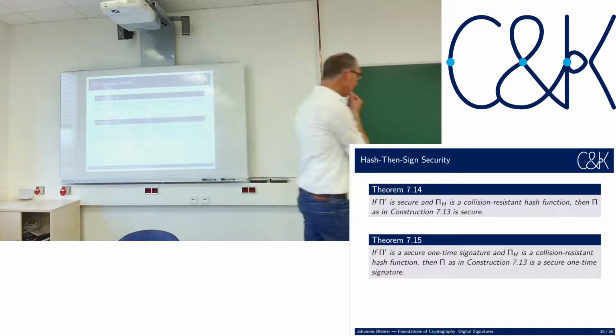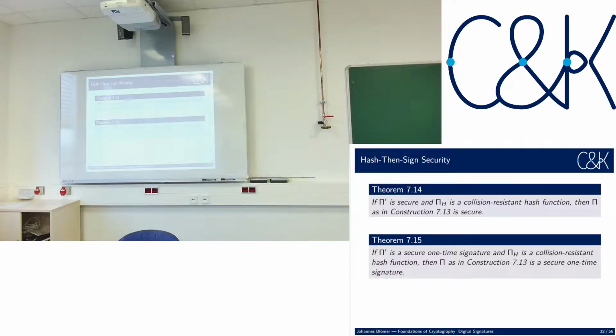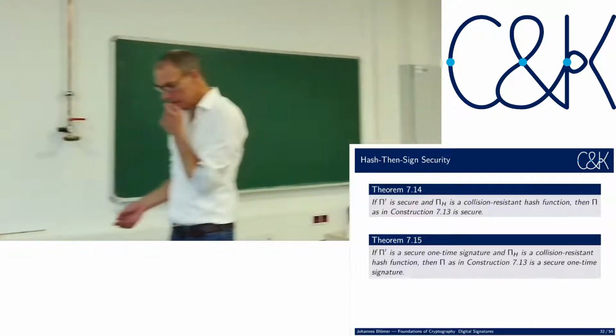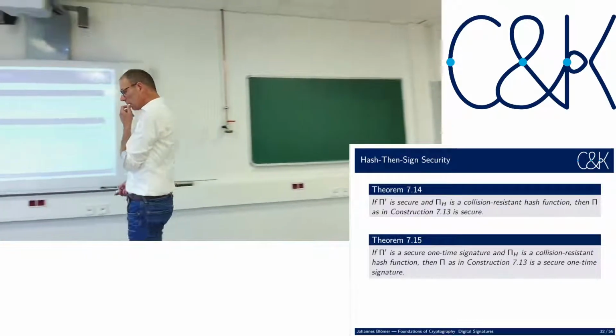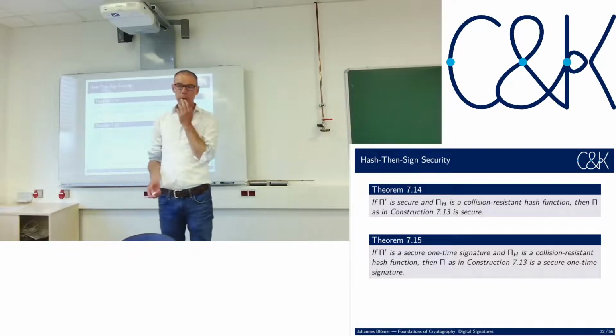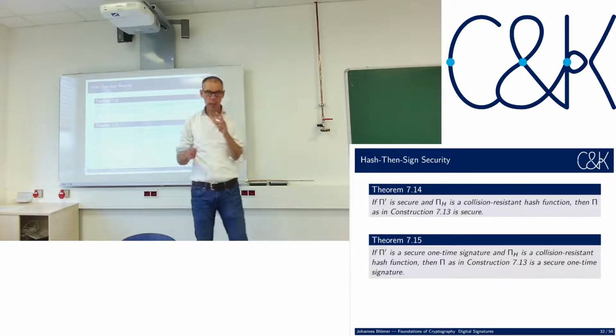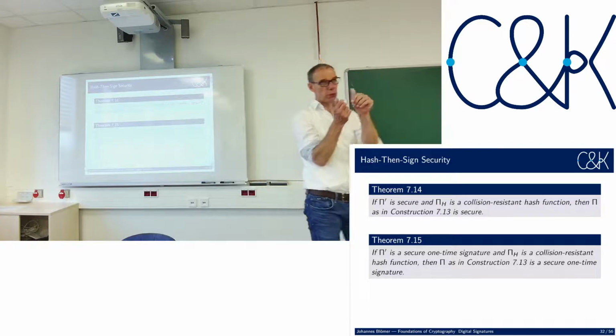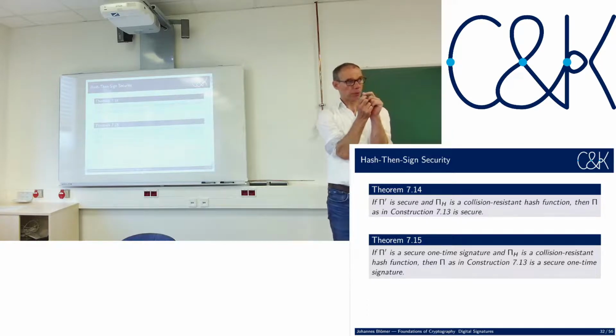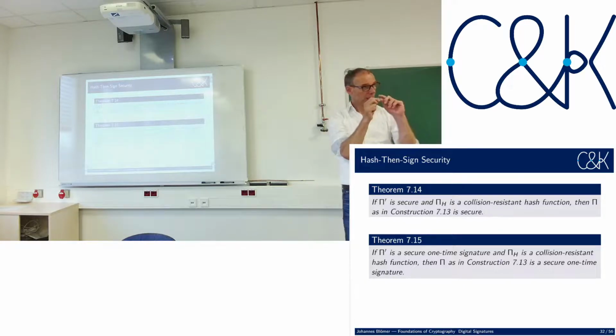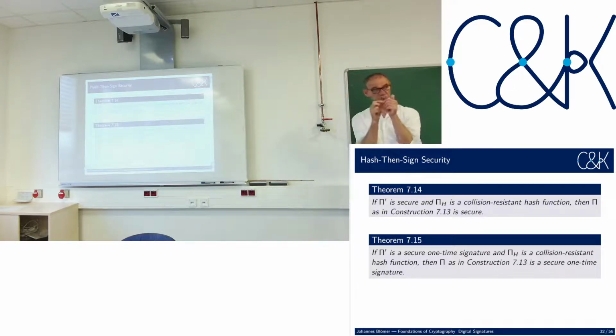Okay, let's do the proof. And here, it's the second time that we see this combination of two primitives to construct a new primitive. Remember that when we had authenticated encryption, we had a CPA secure encryption scheme and a message authentication code, and together they gave us authenticated encryption and then CCA security.